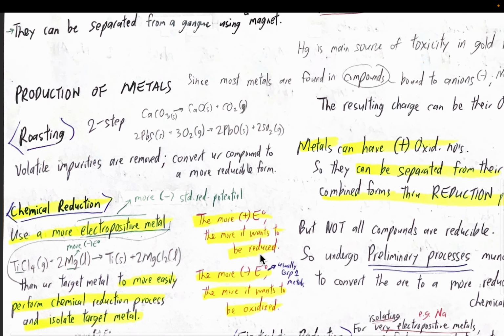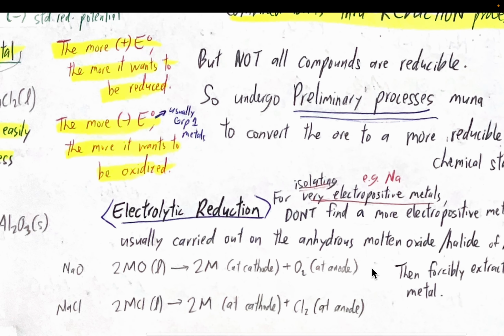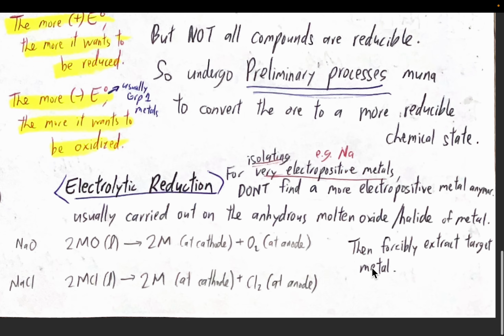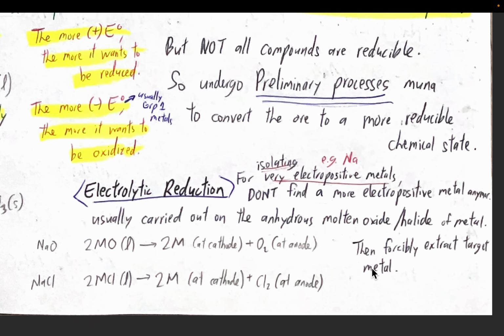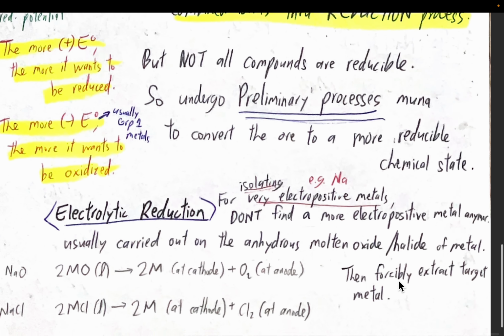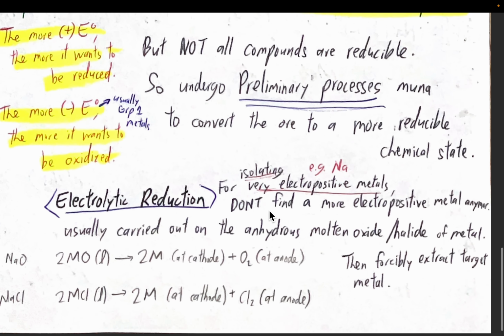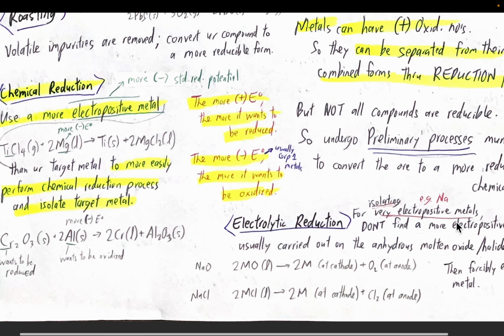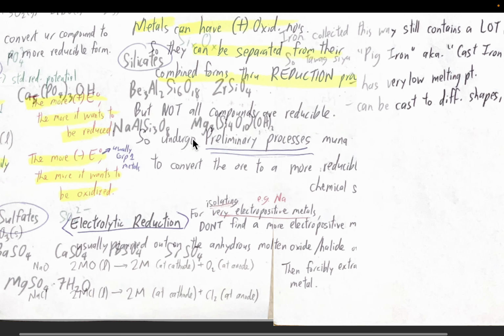The third process is electrolytic reduction. So, essentially, if chemical reduction cannot be done, which is usually described as when you want to isolate very electropositive metals such as sodium, you don't have to find a more electropositive metal anymore, which is what you usually do in chemical reduction.